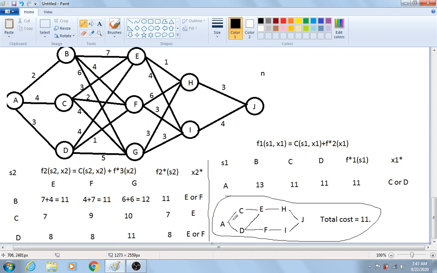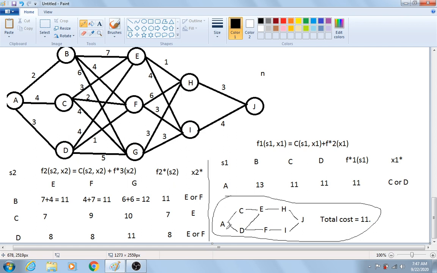The first route is A C E H J, the second route is A D E H J, and the third route is A D F I J. And the total cost of all is 11. They are all the same.